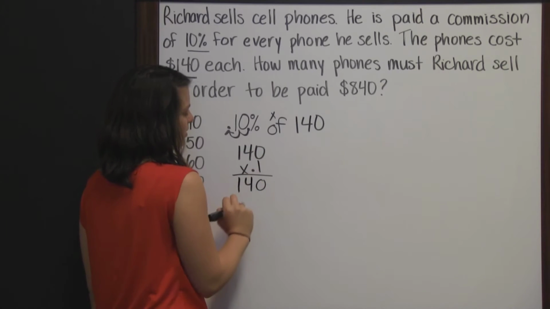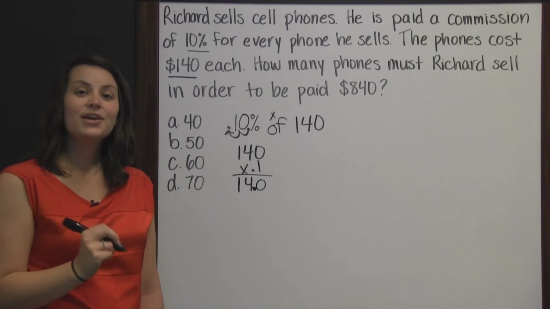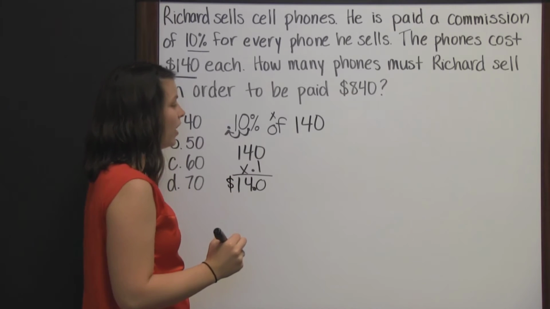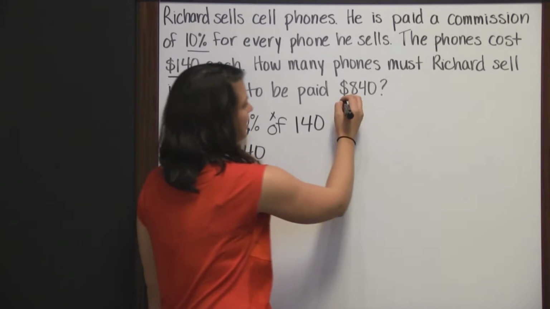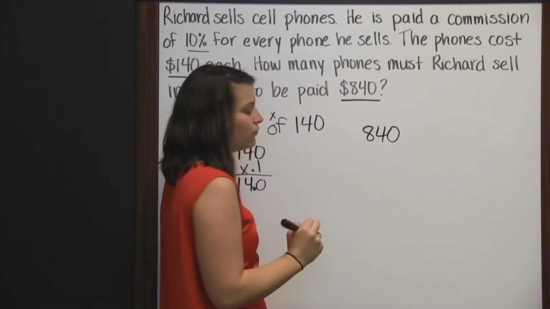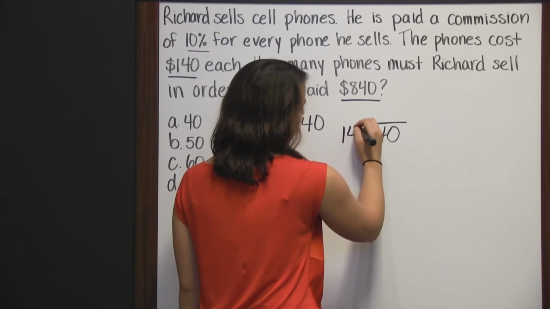We have 1 number behind the decimal, so our answer should have 1 number behind the decimal. So that means that he's making $14 for every phone he sells. And if he wants to be paid $840, then we need to take that $840 and divide it by $14.